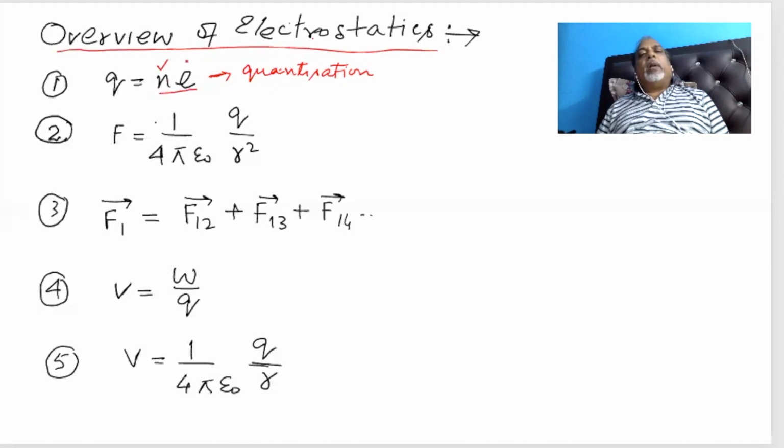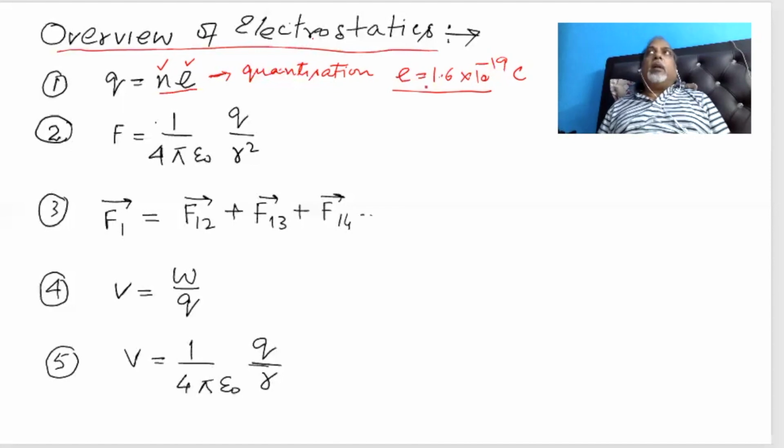Number of electrons into E. E is the charge on the electron, and that is nothing but 1.6 into 10 raised to minus 19 coulomb. So this is what we had studied. This is a very important equation once we have to find how much charge is there.